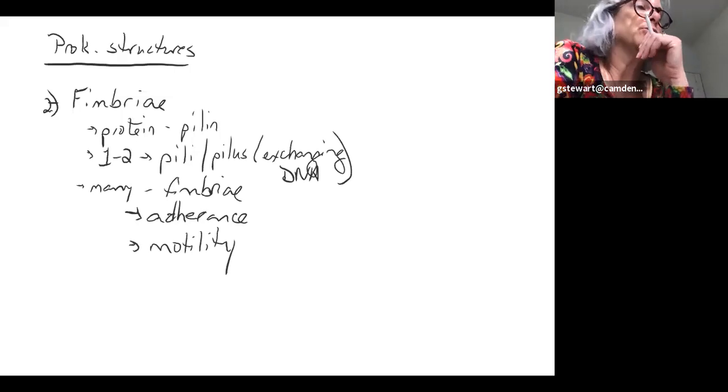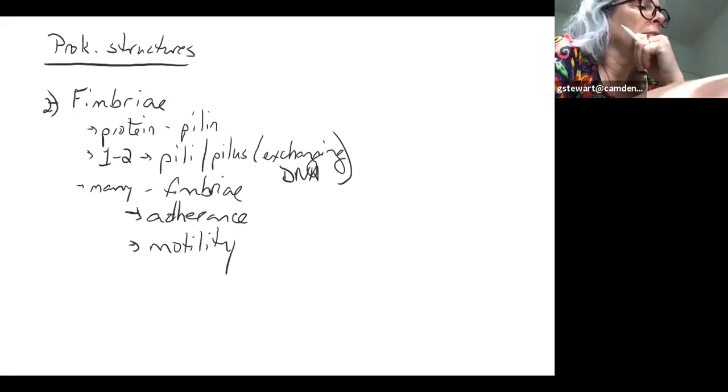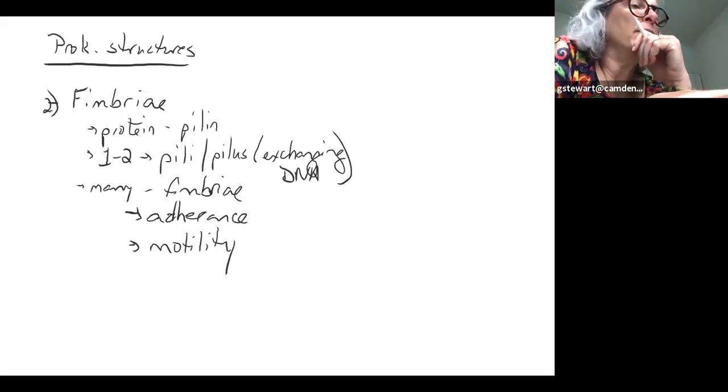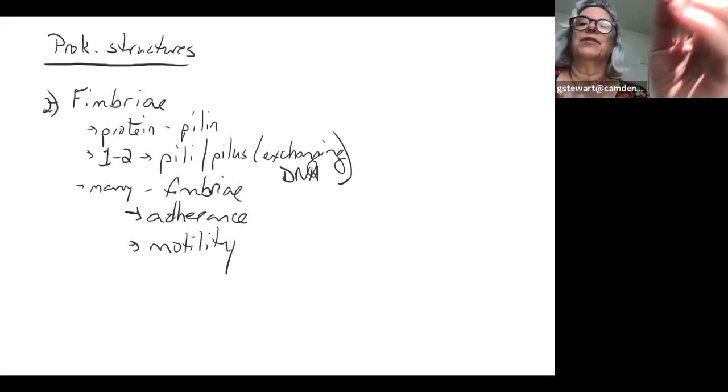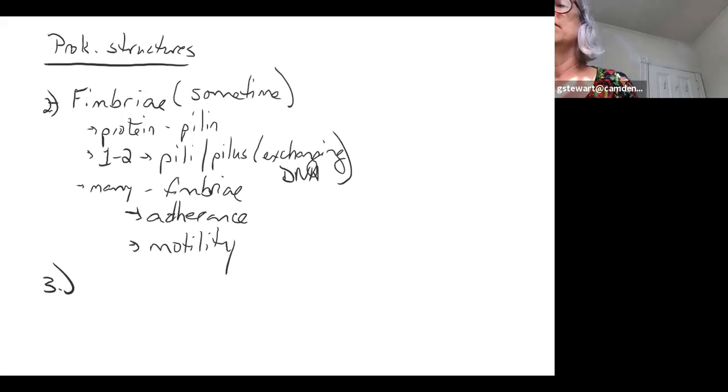We didn't think that for a long time. I don't think I want to add anything else about fimbriae. Fimbriae and flagella both are a sometimes, meaning some bacteria have them. Most bacteria do not. Most of the bacteria that possess fimbriae are also rod-shaped or bacillus.